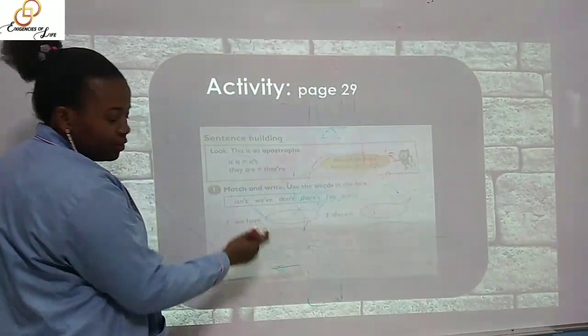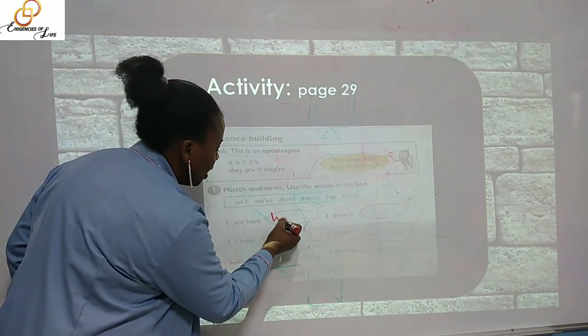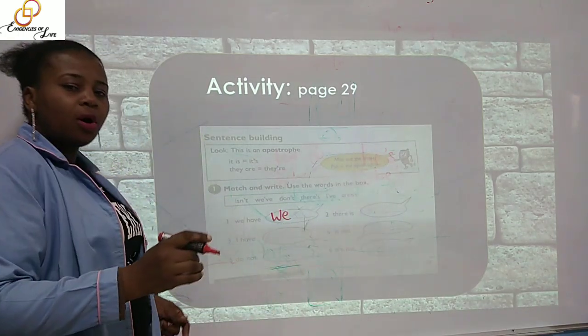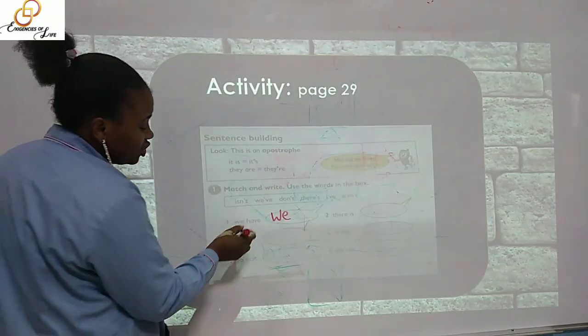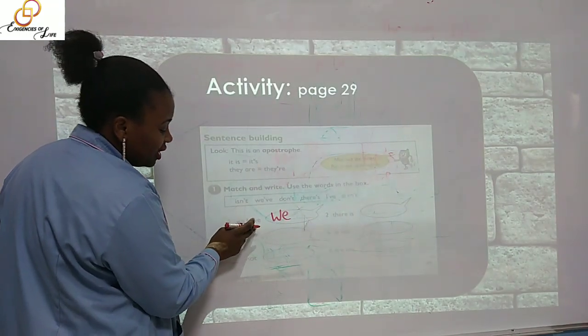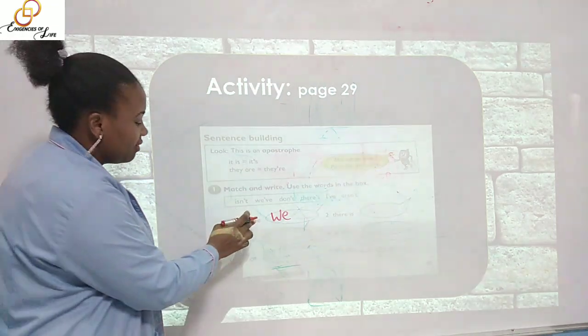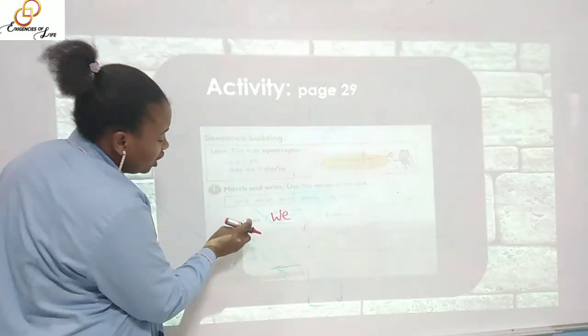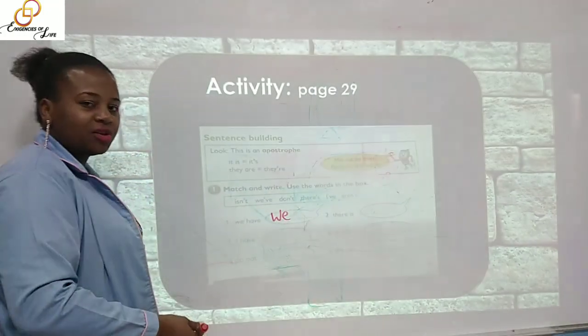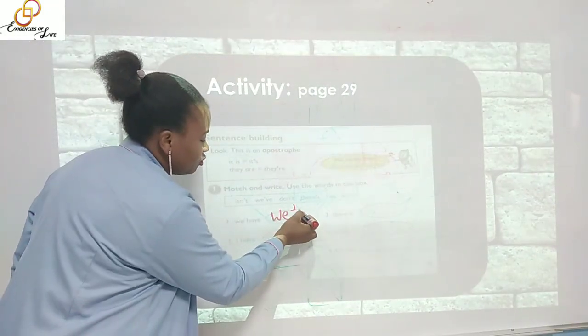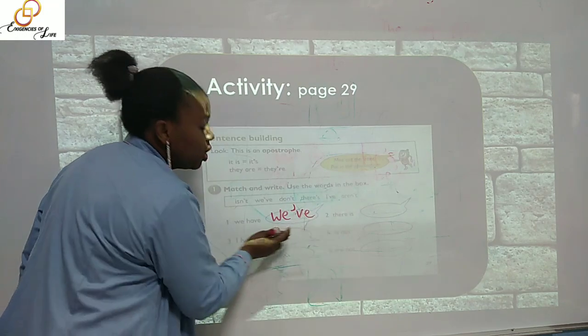Okay, we'll put down we. Then we check for what we will take out. Here we are going to strike out this H, A, and leave only V, E. So this H and A will be replaced with an apostrophe. So we have apostrophe V, E, we've.